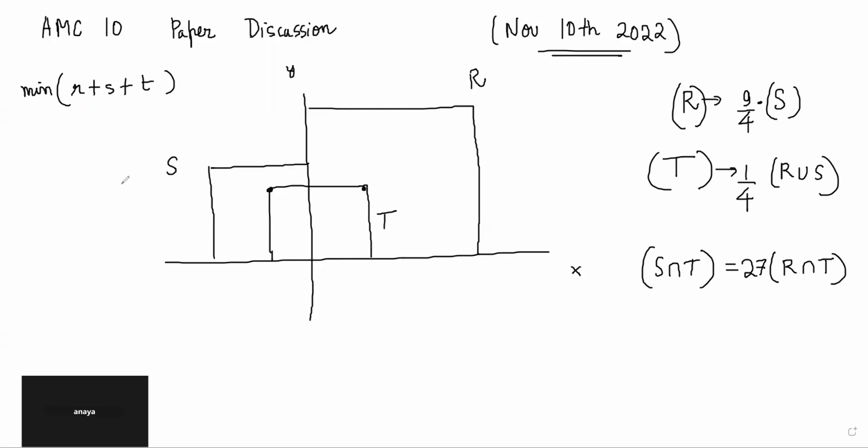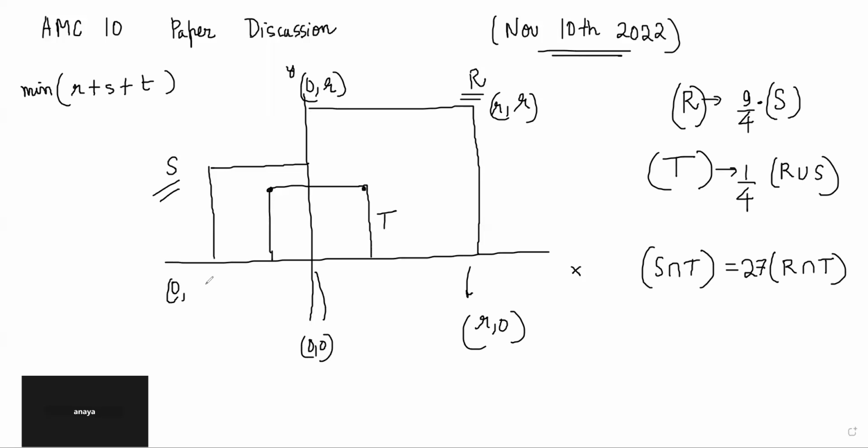Right? Yeah. So now, first of all, we know many things about the squares R and S because they told us that one of the edges lies on the y-axis. So if this point is 0, 0, we know this point is R comma 0. This is R comma R. This is 0 comma R. And this point is 0 comma minus S. This point is minus S comma 0.